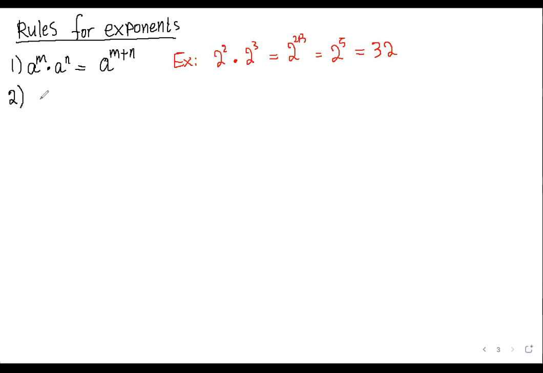Second one, if I have a to the power m over a to the power n, then this is equal to a to the power m minus n. If they have the same base, different exponents, and we divide them by each other, this is equal to a to the m minus n.